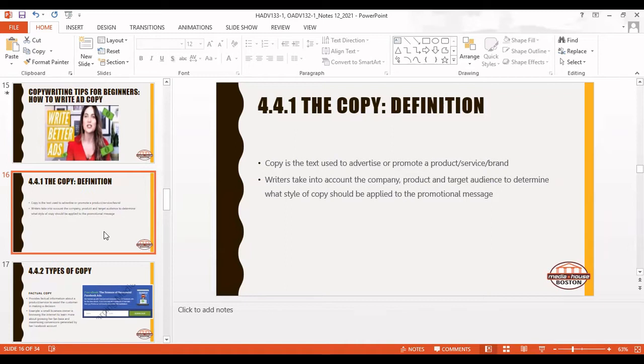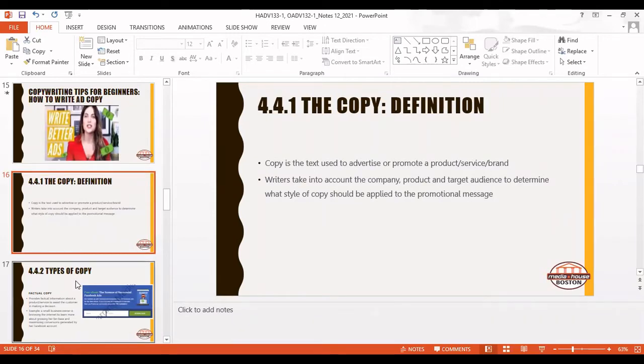The way you send a promotional message to the youths is going to be different to the way you send a promotional message to single mothers or to single fathers. The way you're going to write is definitely going to be different because these are two different demographics.